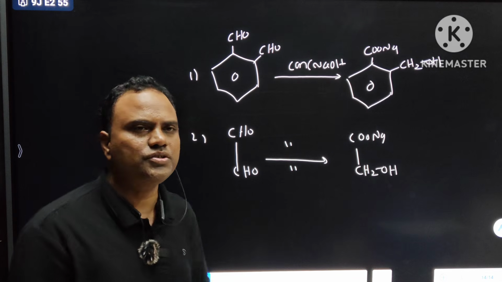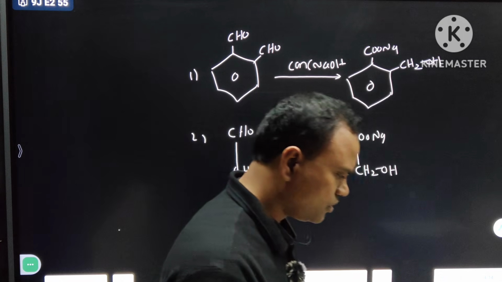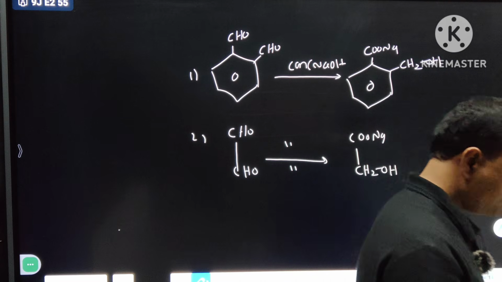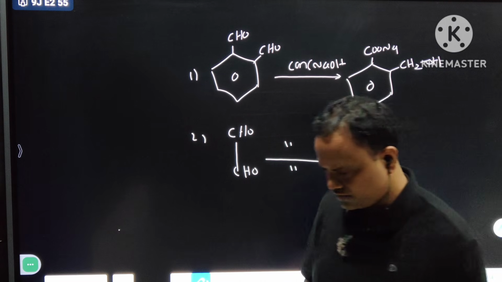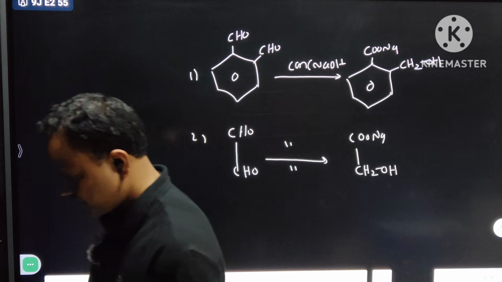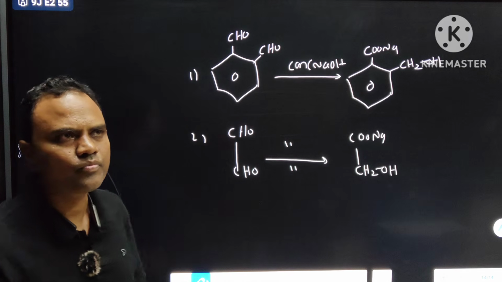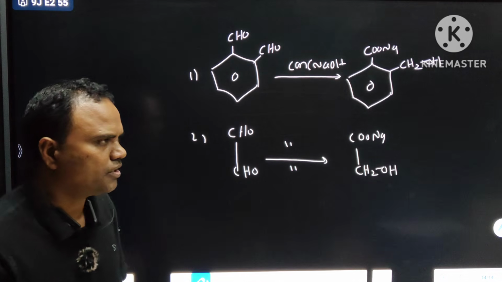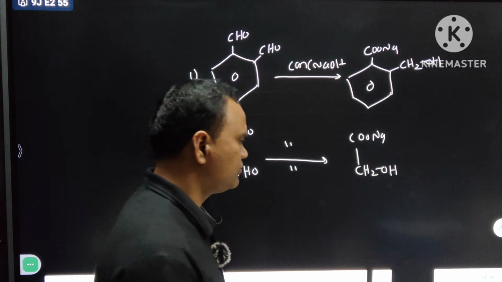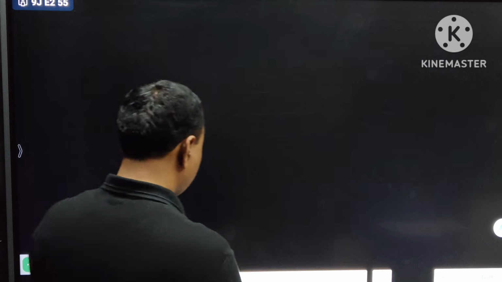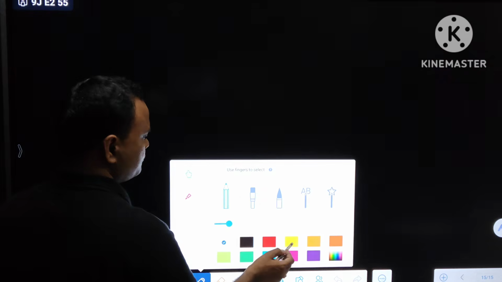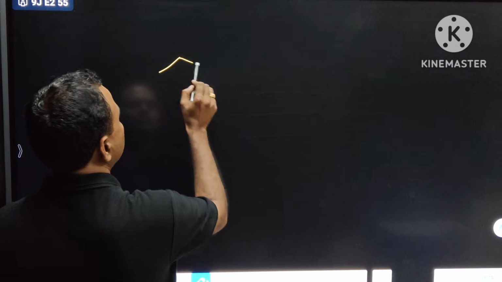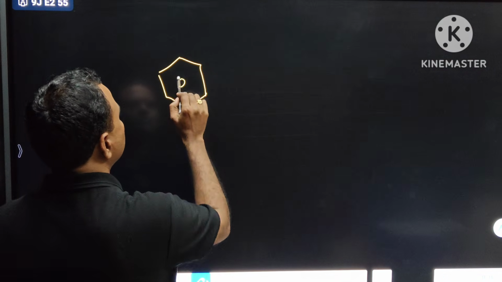Right. What is Etard oxidation? Aldehyde. Which aldehyde? What is its name? Benzaldehyde. You are not preparing well.